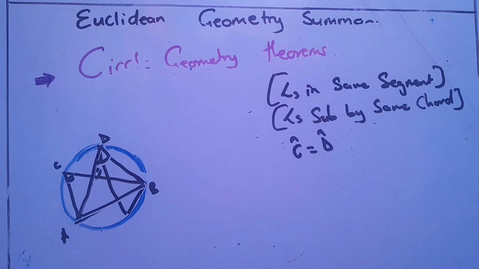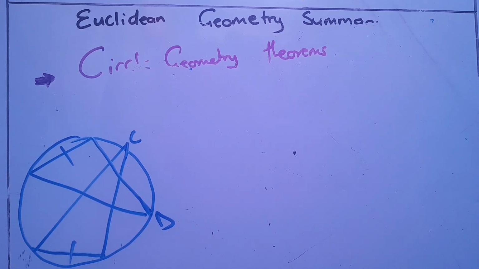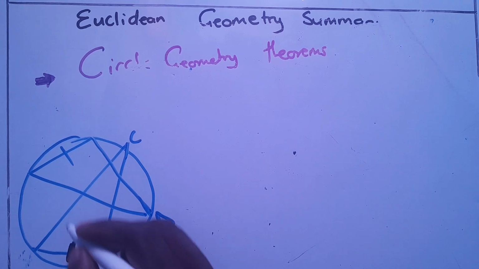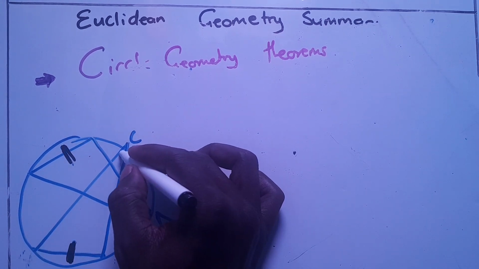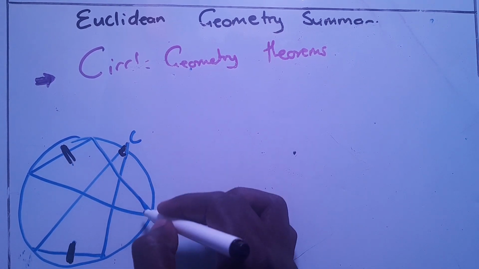And again, this reasoning also gives birth to this. Some people don't know this, but let me just give you this for free. Inside the same circle, if you're having equal chords, so this chord is equal to this chord, they always subtend equal angles.